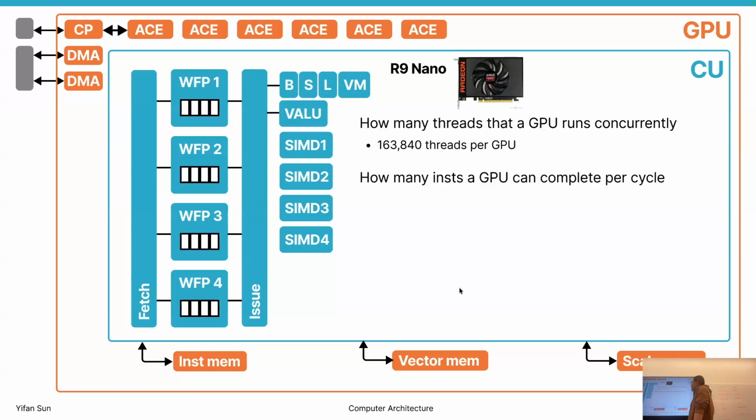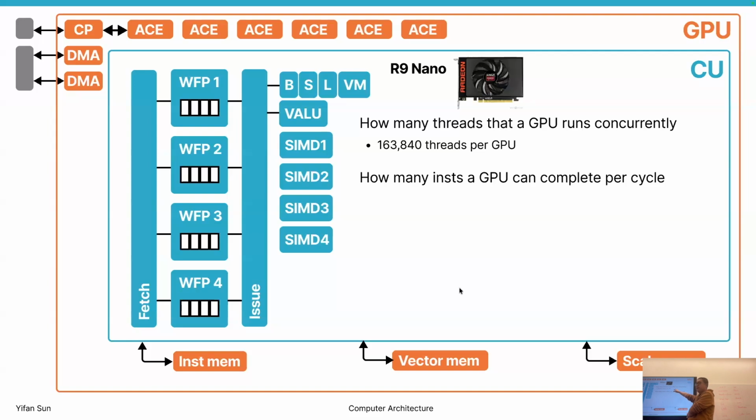That's one question. Another question is, how many instructions can a GPU complete per cycle? Is it the same number? Why is it not the same number? That's right.